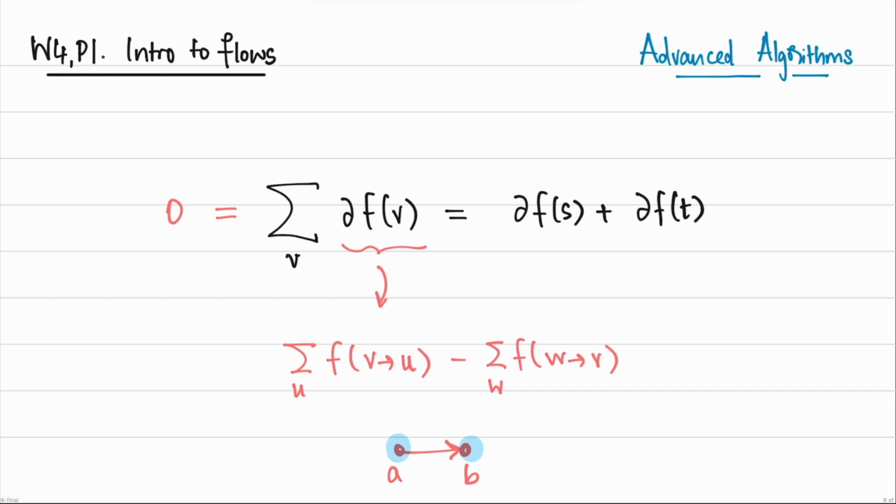Right? So when you look at the edge from a to b from the perspective of the net flow at b, then that's a negative contribution. And when you look at it from the perspective of the net flow at a, then this edge makes a positive contribution. So that means that every edge really shows up twice in this expression, because you compute the net flow at every vertex in this sum.